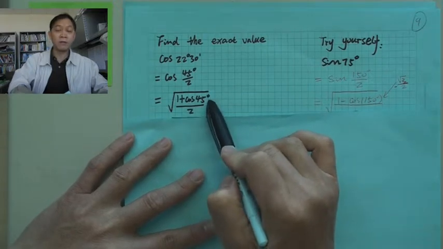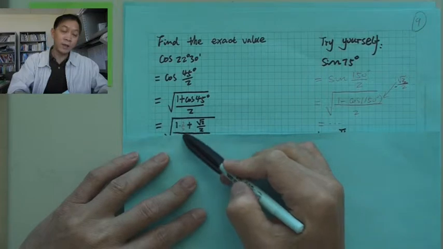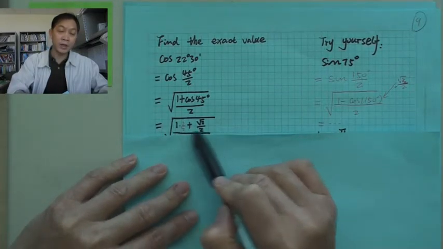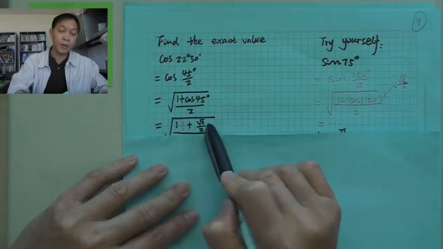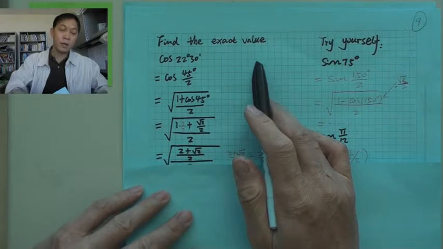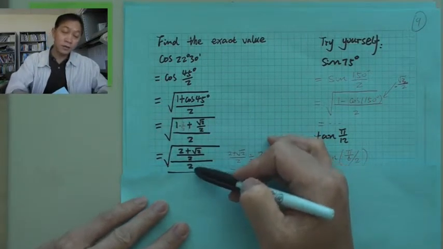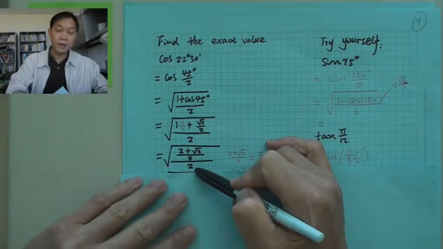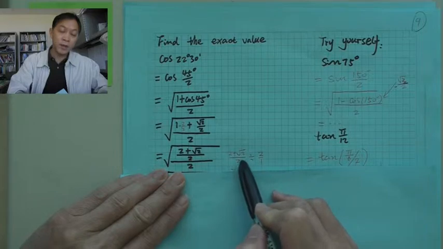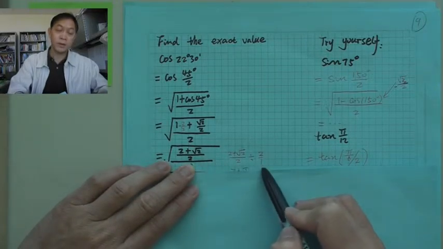Again, cosine 45 is radical 2 over 2. And 1 is 2 divided by 2. And then you make the denominators the same. So 2 plus radical 2 over 2. And you still have this inside the radical sign. So 2 plus radical 2 divided by 2, and then divided by 2.